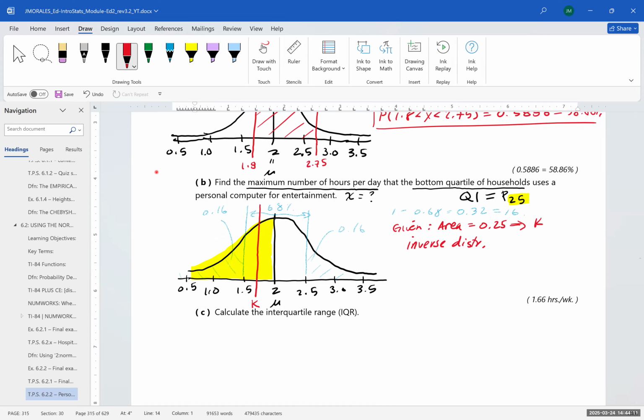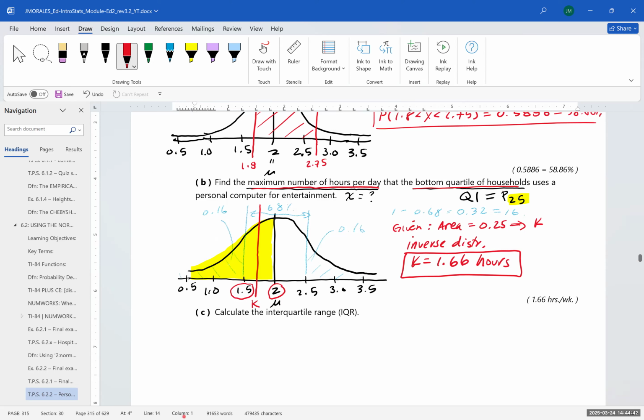So the number of hours is 1.66 hours, which is the cutoff for the bottom quartile of households. And is 1.66 where we expected it to go? Yeah, we expected it to be between 1.5 and 2. And 1.66 is between 1.5 and 2.